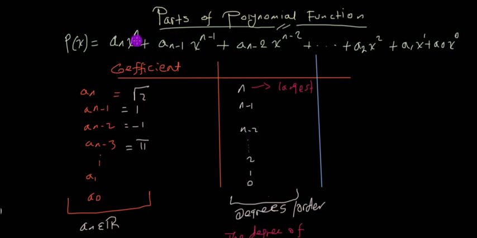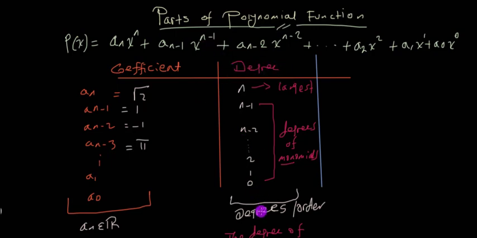So the largest degree is the degree, or order, of that polynomial function. The others are still degrees of terms, or monomials. Mono means single. Each of these is the degree of a term, but the largest one is the degree.